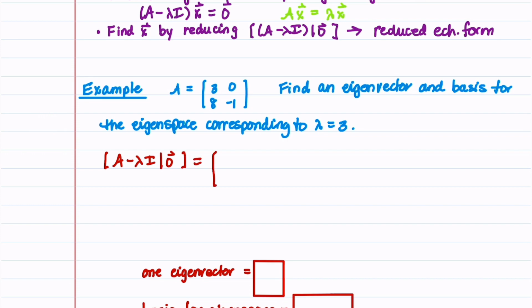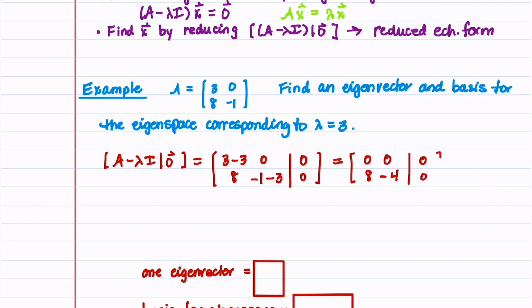Our lambda is equal to 3, so we have 3 minus 3, 8, 0, minus 1 minus 3, augmented with 0. Let's simplify that. So this is 0, 8, 0, minus 4, 0, 0.